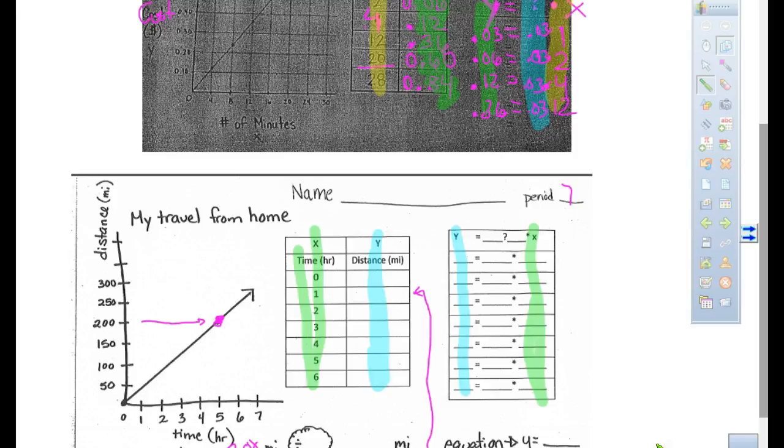Okay. You and your shoulder partner together. That's not right.